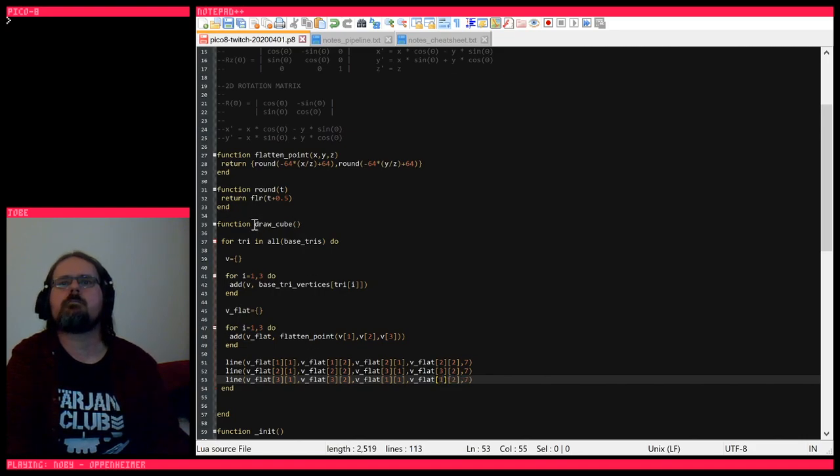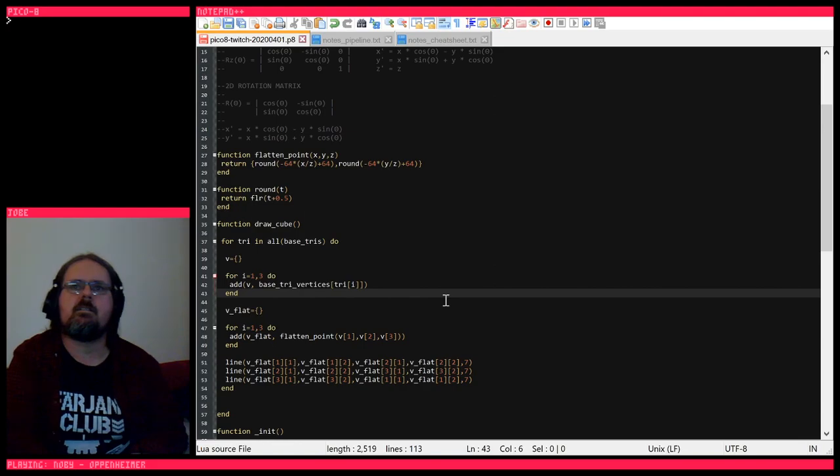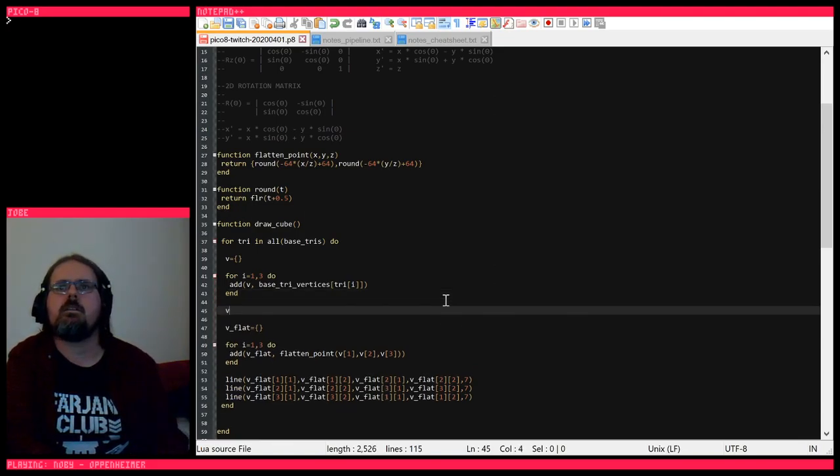Yes, and of course we're gonna need to translate the z value of all of the 3D vertices to move it away from the camera. So let's see what happens now.